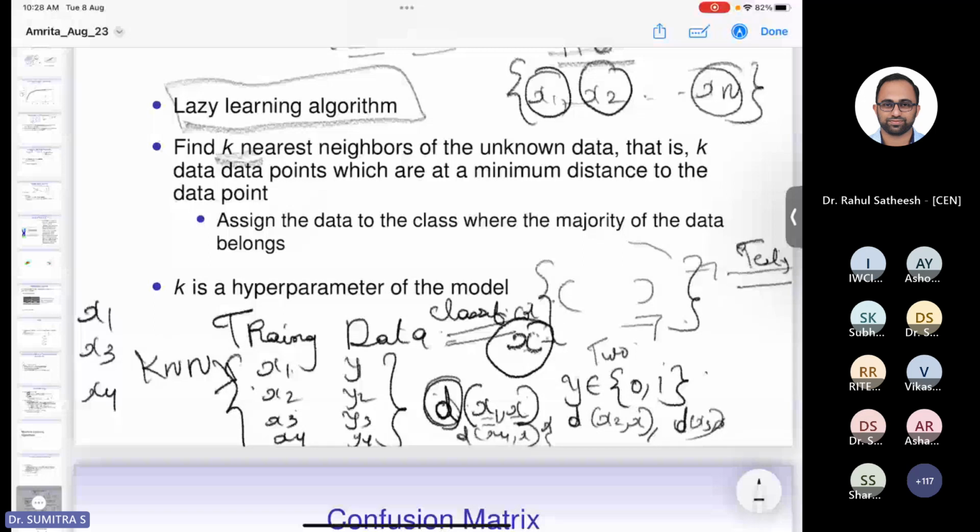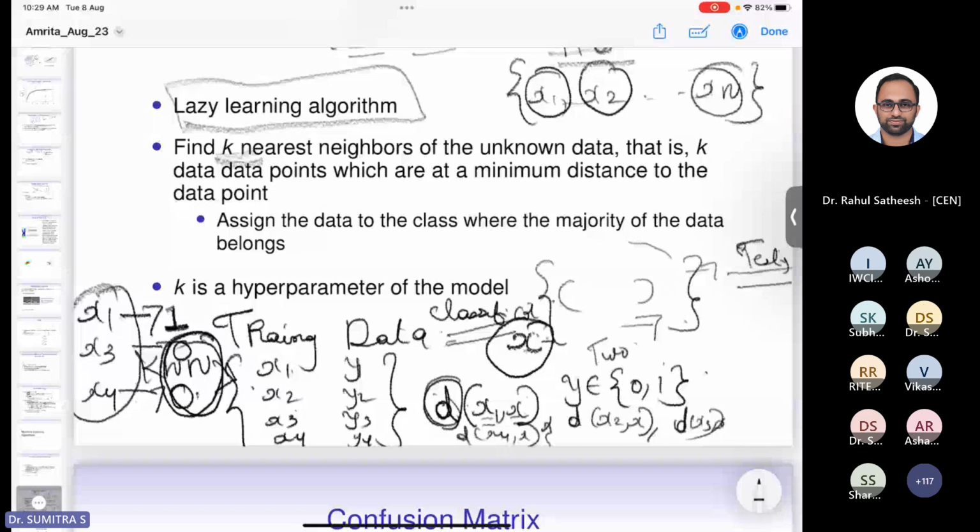Then we look at the class of these points. If x1 belongs to class 1, x3 belongs to 0, and x4 belongs to 0, here the majority belongs to class 0. So I put the label of x as 0. That is how it works.